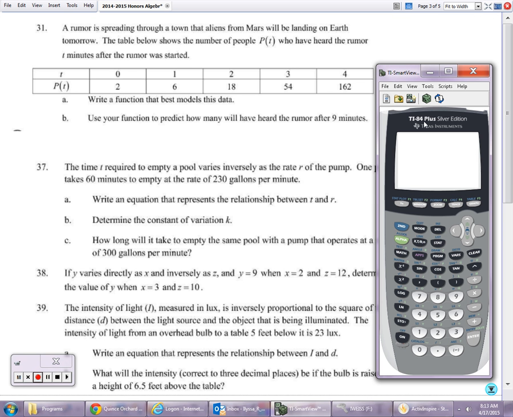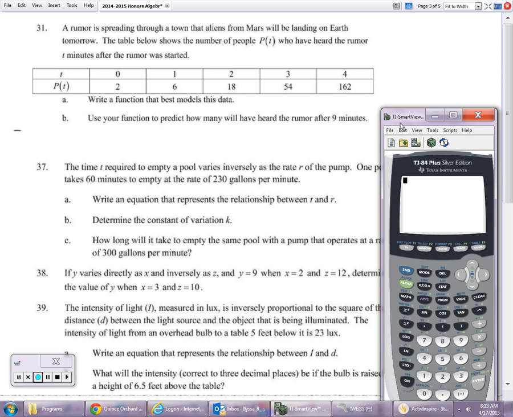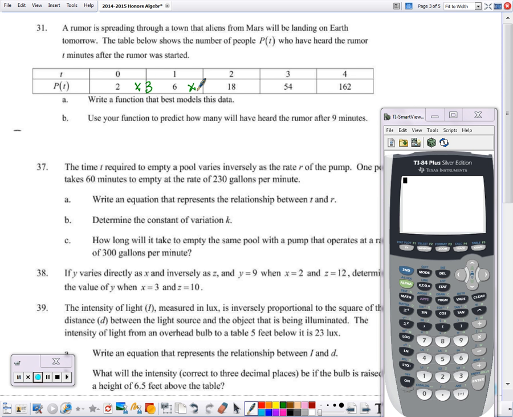Okay, so now for 31, we have to decide what kind of model best fits this data before we can use our calculator to get a function. If you look at the y values here, it's times 3. So that's going to be an exponential. Oh, I can actually write the equation now without my calculator.